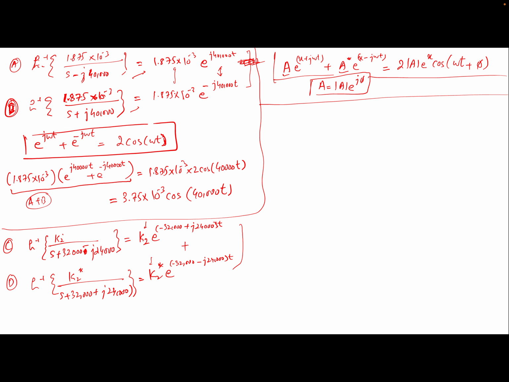You can easily see that your a is K2, a asterisk is K2 asterisk, your x is minus 32,000, and your omega is 24,000. And you can easily rewrite this equation.